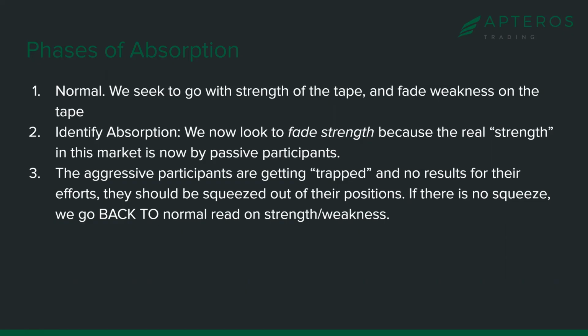There may be a passive seller, but it didn't turn into aggressive selling. Nobody squeezed out all those buyers, and the buyers can just continue pressing, or come back with a vengeance and go for a second push.